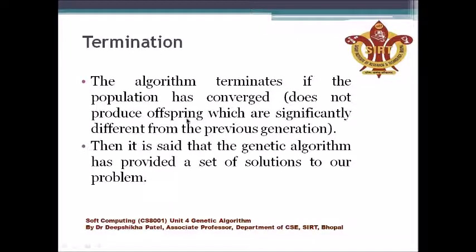When we do not produce offspring which are significantly different from the previous generation, if we are repeatedly getting the same offspring, that is the condition when the population converges. Then it is said that the genetic algorithm has provided a set of solutions, and finally at that point we got our solution.